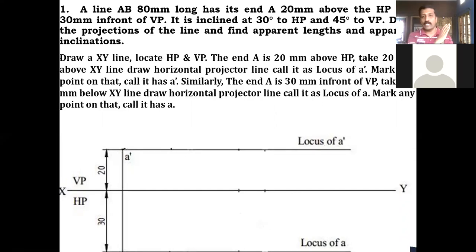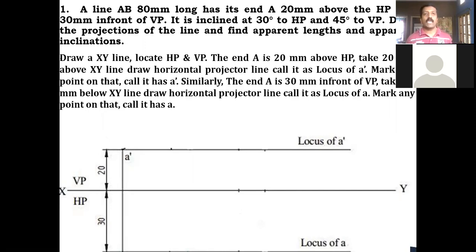So directly you can draw the XY line, and write VP above the XY line and HP below it, because it's the first quadrant. The front view will be above the XY line and the top view below it.